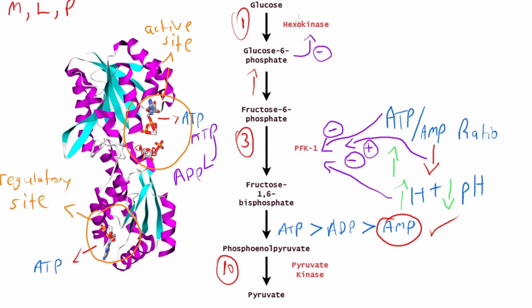However, you cannot regulate hexokinase with the ATP-AMP ratio, because glucose 6-phosphate is an intermediate for other reactions. Unlike this step, because this step, the conversion of fructose 6-phosphate into fructose 1,6-bisphosphate, is the first irreversible reaction unique to glycolysis.